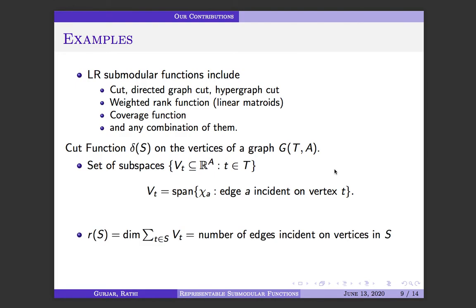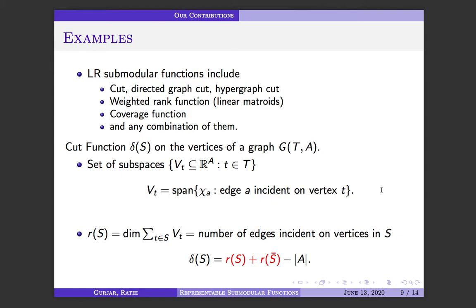Now, what is the rank function corresponding to this family of subspaces? If you take any set of vertices S, r of S will be simply the dimension of the sum of these subspaces where the vertices belong to the set S, which is nothing but the total number of edges incident on any vertex in the set S. Now, once you observe this, it's easy to see that the cut function delta S is given by this equation: r of S plus r of S bar minus the cardinality of A, which is the number of all edges.